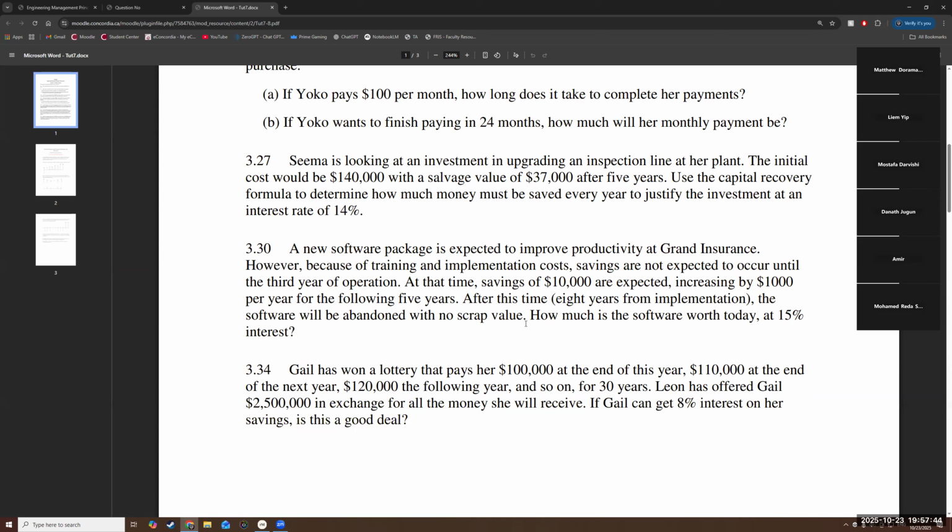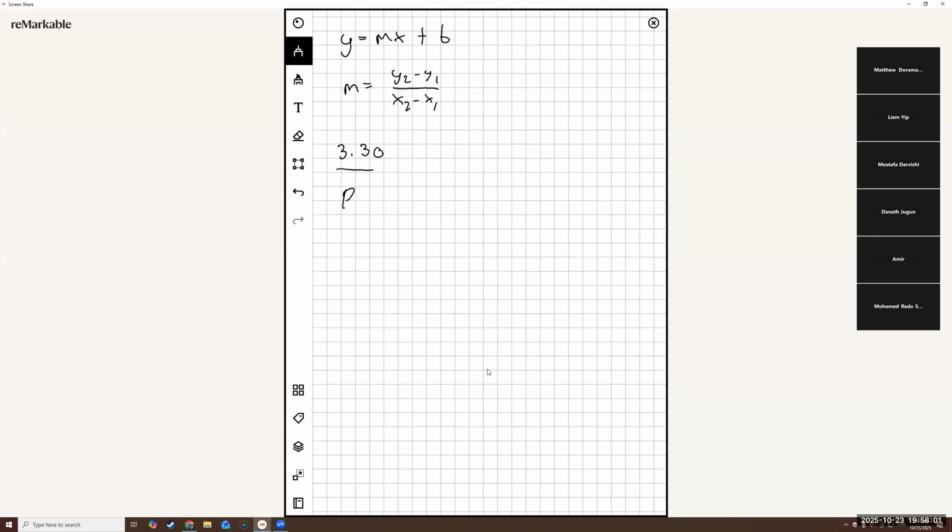After this time, 8 years from the implementation, the software will be abandoned with no scrap value. How much is the software worth today at 15% interest? So it wants us to calculate the present worth of this software or the present value.